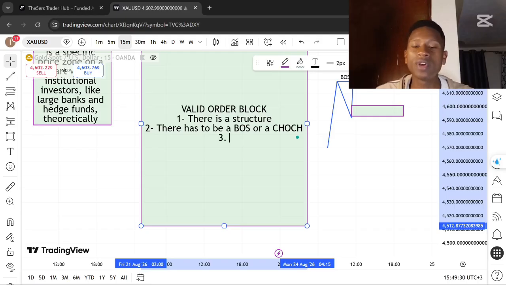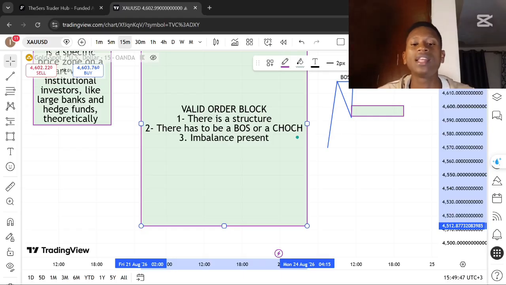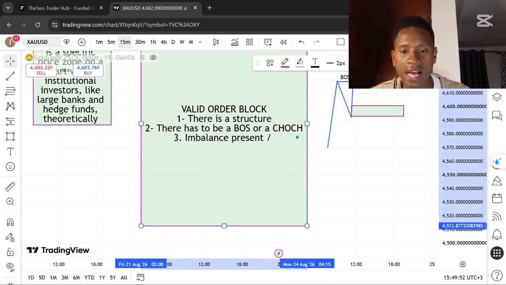The next confluence is something we call an imbalance. There has to be an imbalance present, or what is commonly known as a fair value gap.